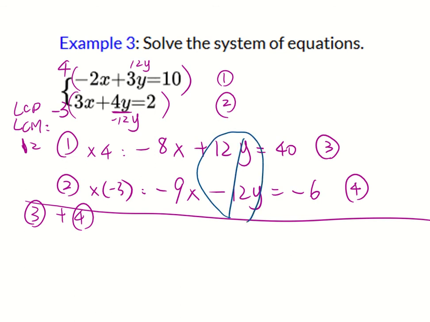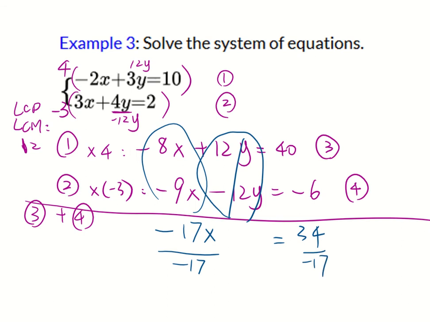The two x terms add up to -17x equals 34. Divide both sides by -17. So x equals -2.